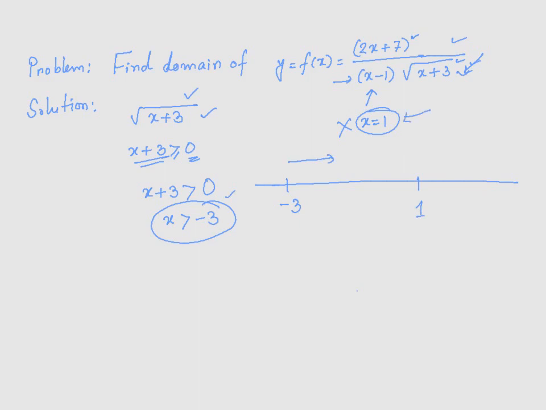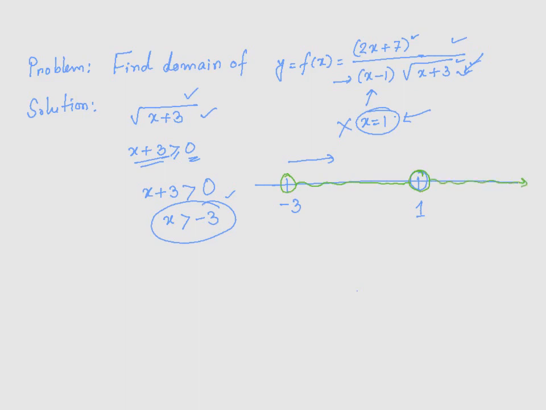But this condition says that x cannot be equal to 1. So that means I exclude this. If I put these two together, let me use a different color, I get everything from here, all the way up to 1, exclude 1, and everything to the right of 1.